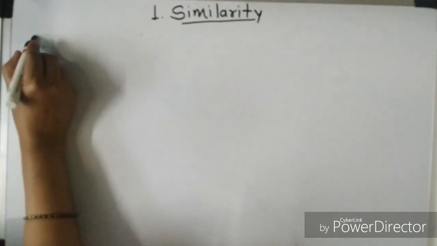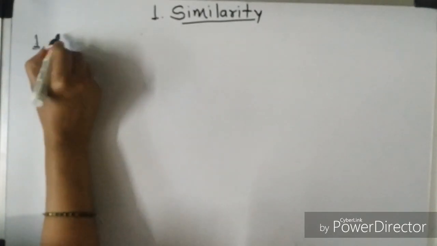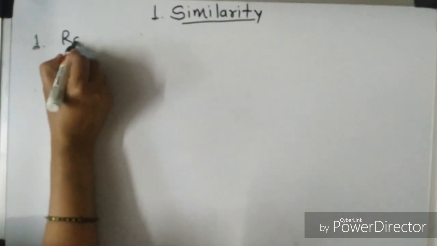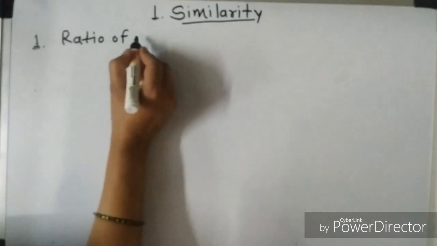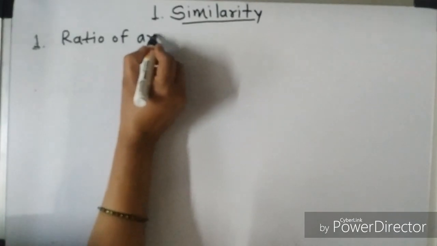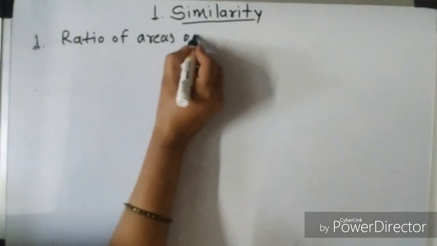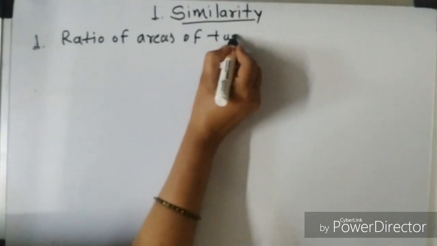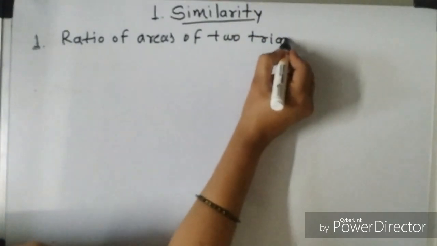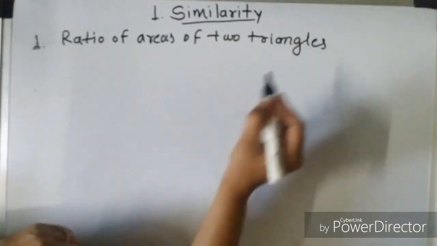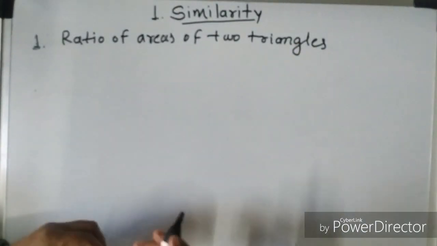The first property: ratio of areas of two triangles.